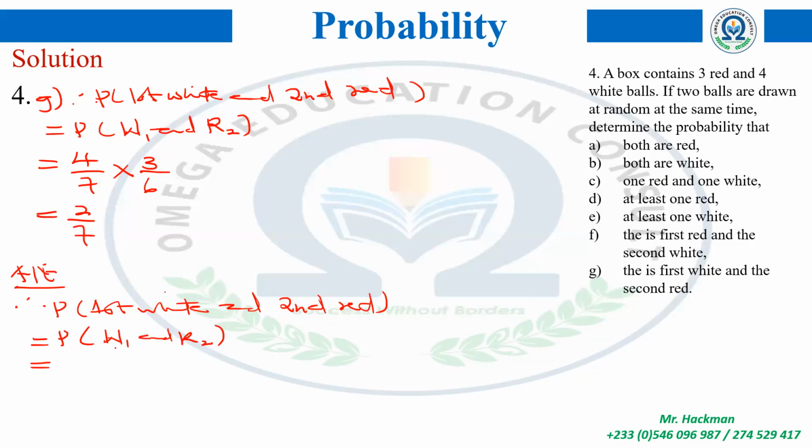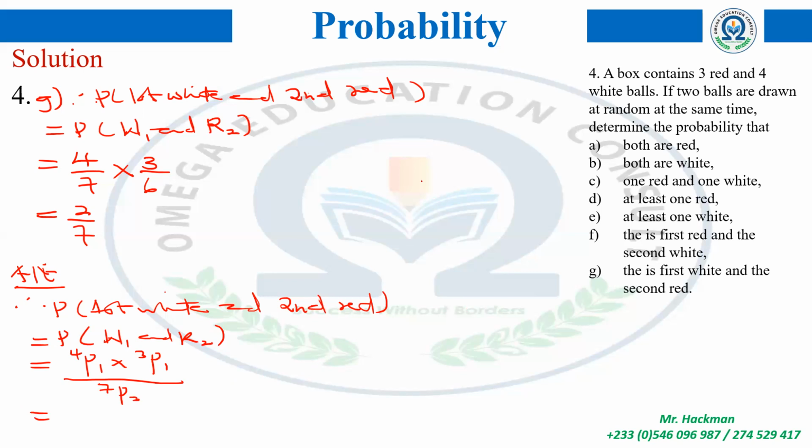So you want W, so you select W from W, but here you are going to look at it in terms of permutation. So that will give us 4 permutation 1 times 3 permutation 1 all over 7 permutation 2. You know how to deal with this.